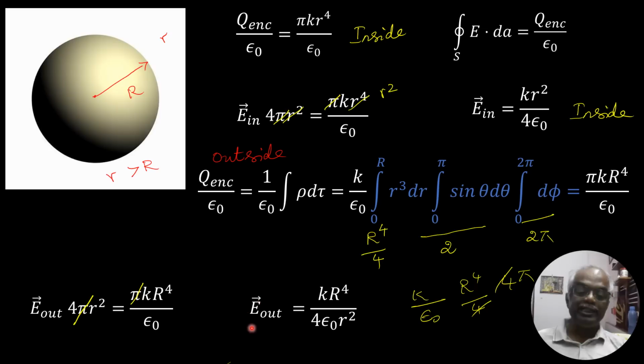So the electric field outside is k R power 4 divided by, you bring this 4 r squared here, so you will get 4 epsilon naught r squared. We will expand this further.